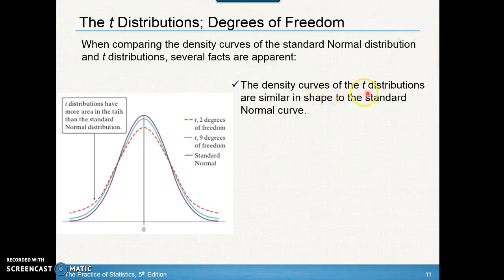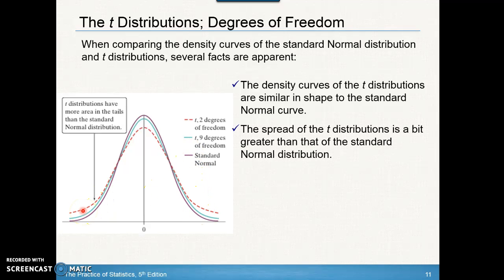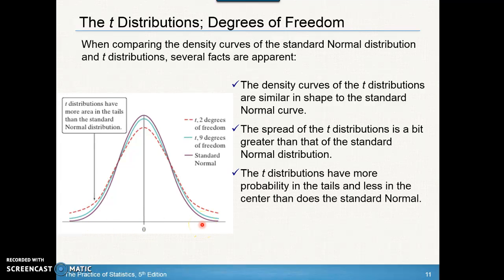All right, so let's just talk about the two together. The density curves of the t-distribution are similar in shape to the normal curve, so they have about the same shape. We just said that there's a little bit more area in the tails with the t-distributions than with the normal curve. What does that mean about the spread? Since there's more area in the tails, the spread of the distribution is going to be a little bit bigger than that of the normal distribution.